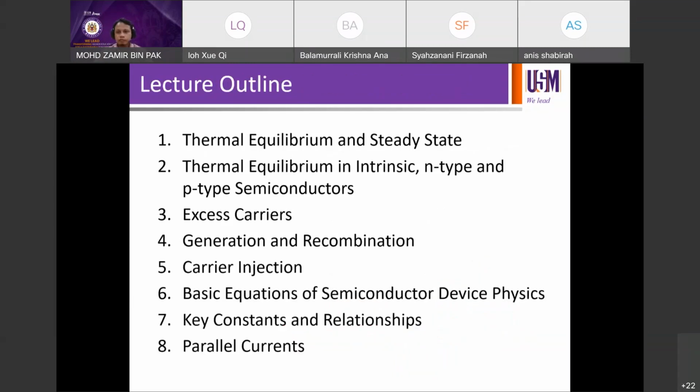Okay. So in this topic, we're going to learn about generation and recombination. So generation here means generation of carriers. We want to generate carriers. How do we generate carriers in your semiconductor materials? How do we generate carriers in your semiconductor devices? And what happens after the generation process?